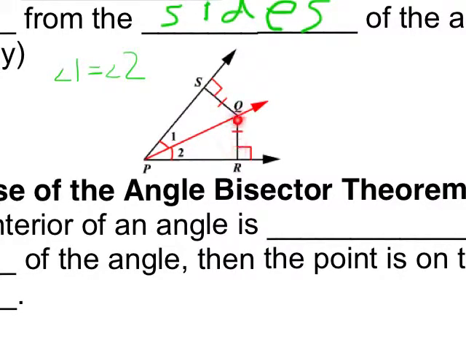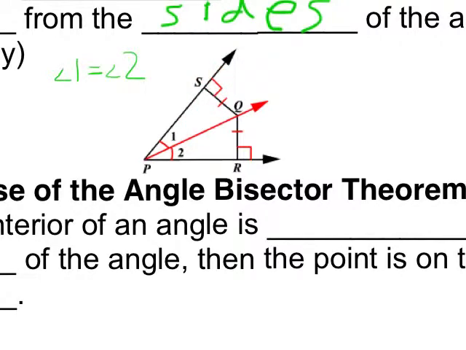So SQ here is going to be the same as QR. But it does have to be perpendicular to the side in order for that to be true. So if I was to draw a line from Q straight to this side, it has to be perpendicular in order for this to work. And Q straight to S has to be perpendicular to that side for it to work.